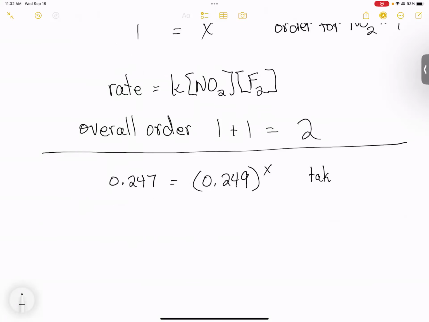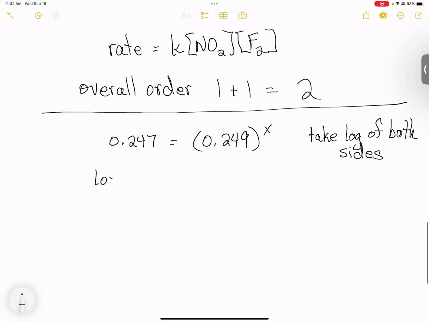The first thing you're going to do is you're going to take the log of both sides. So the log of 0.247. Now, when you take the log of the right-hand side, that exponent comes out in front and becomes the X times the log of 0.249.